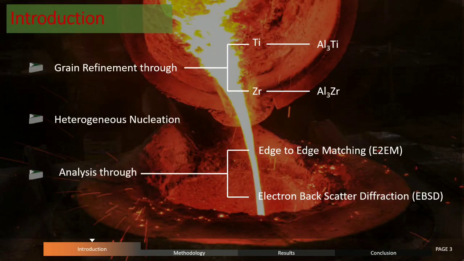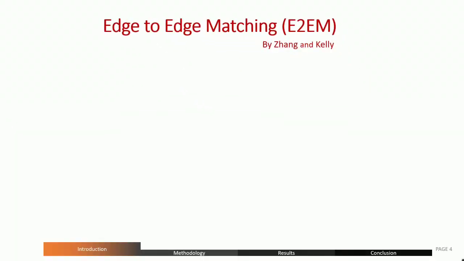I may make some videos in future regarding EBSD imaging. Here we will be talking very briefly about E2E matching because it's a new technique and not very well known, but it has been used to predict the different orientations between the crystal and the sample surface.